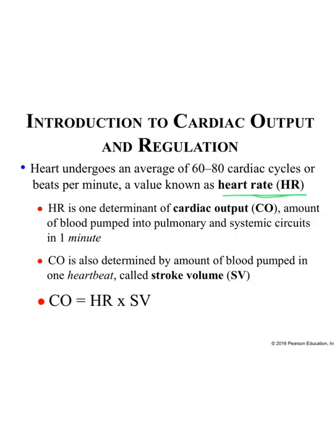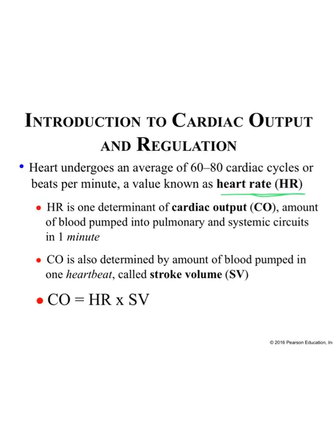The heart on average goes 60 to 80 cardiac cycles per minute, or beats per minute. Why we would increase or decrease heart rate would be to increase or decrease the amount of blood going out to tissues. That essentially is what cardiac output is. It's the amount of blood that is ejected from the heart every minute.